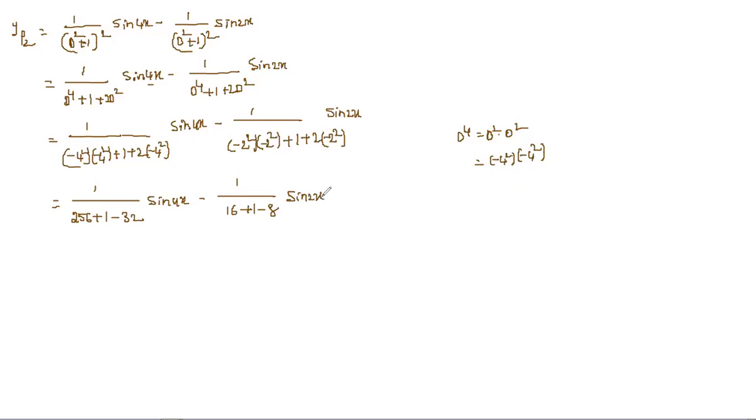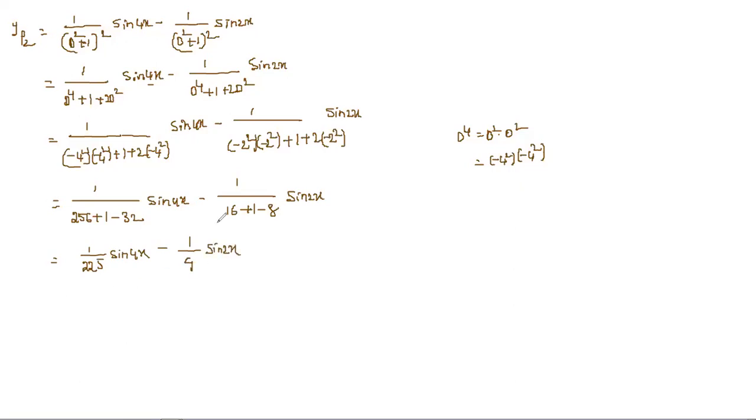So this is equal, simply what we'll get, this is nothing but 1 by 225 into sine 4x, and this is minus 1 by, so this is nothing but 8 plus 1, 9 into sine 2x.